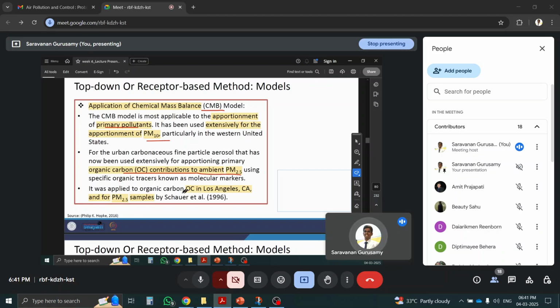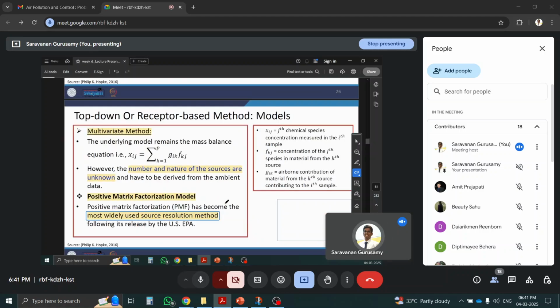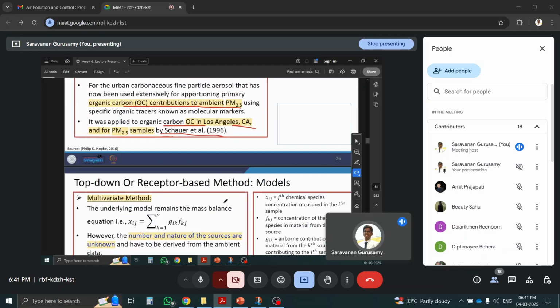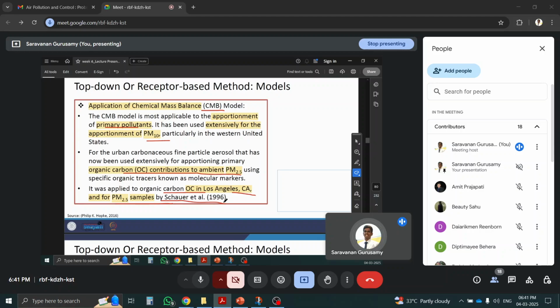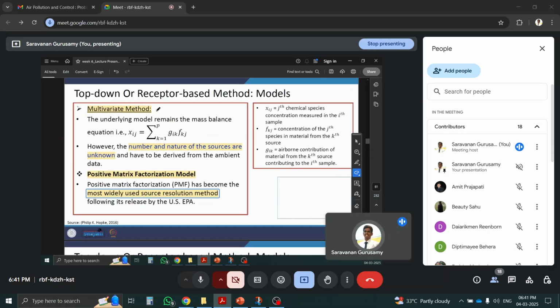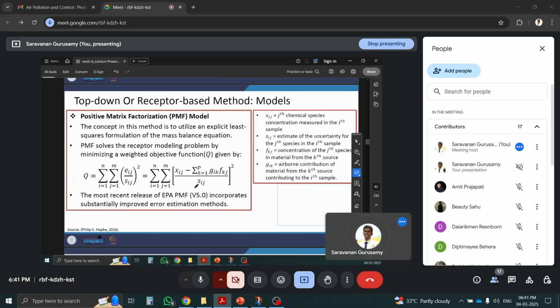And then it was also applied to find organic carbon in Los Angeles and the PM2.5 samples in different literature. If you find, they used this chemical mass balance method. And then a multivariate method is there. Positive matrix factorization model is there. That is the PMF model. These are all models used to find the receptor, used to apportion the source.